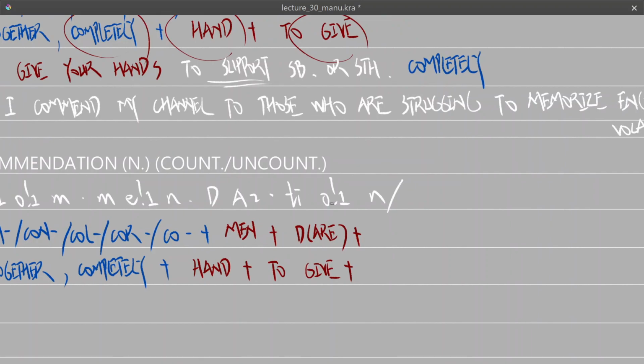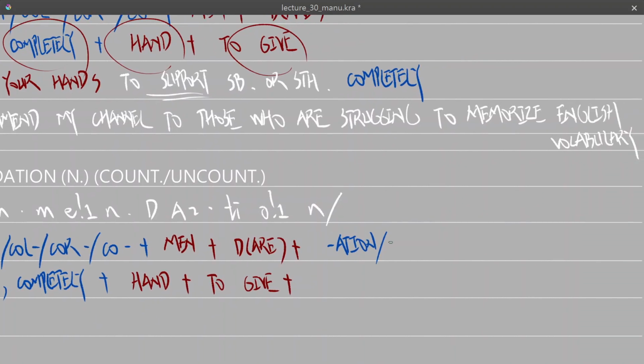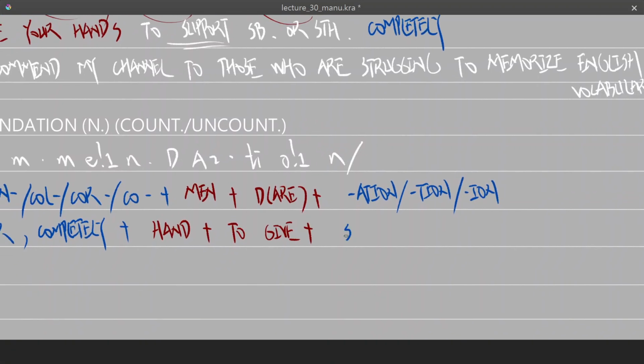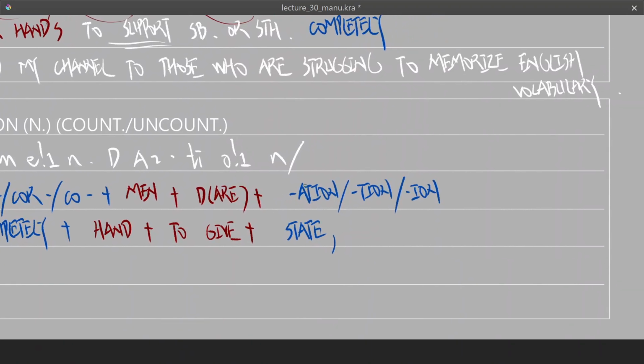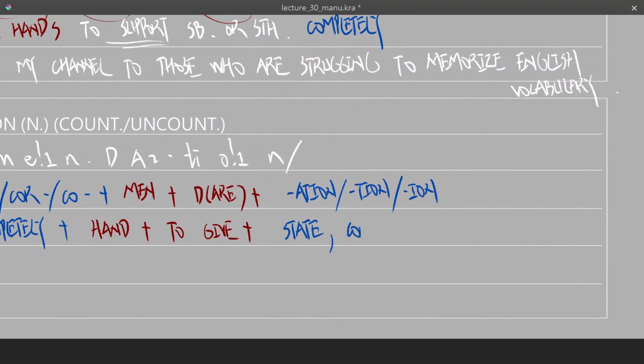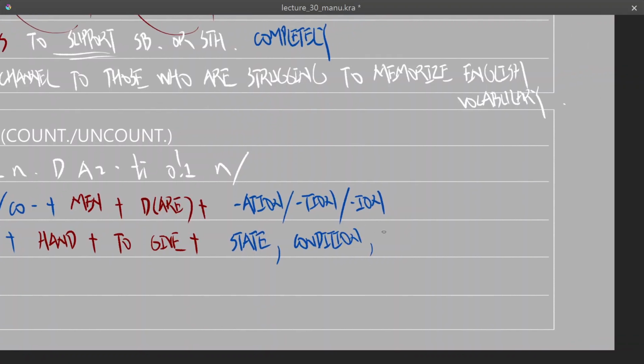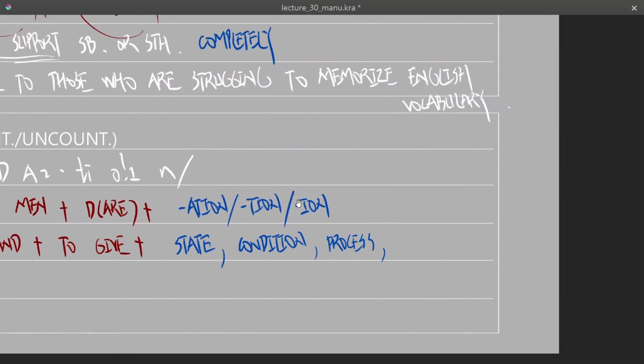And we have the noun suffix ation, or tion, or sion, meaning state, condition, process, or result. So: state, condition, process, or result.